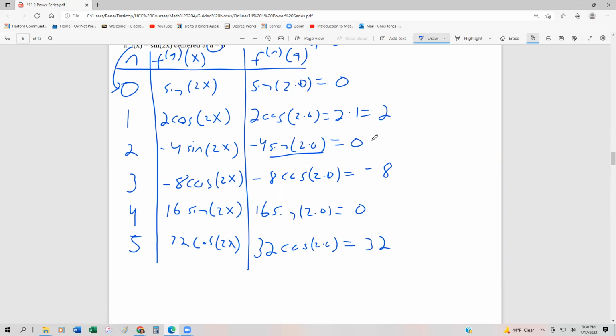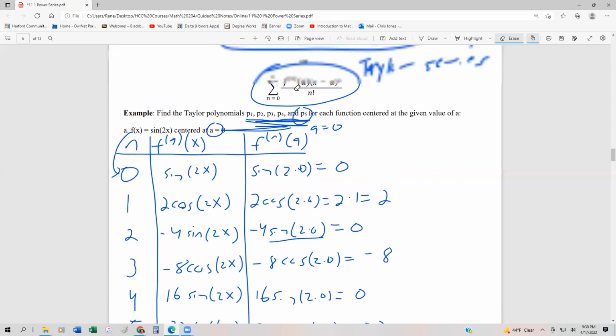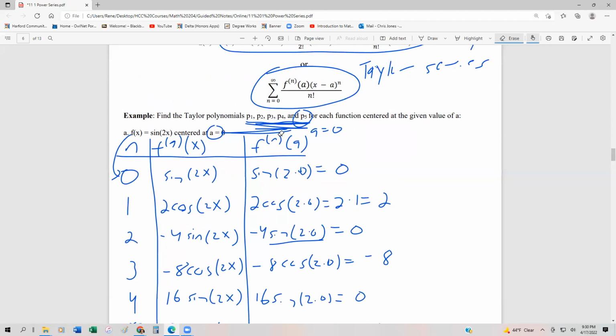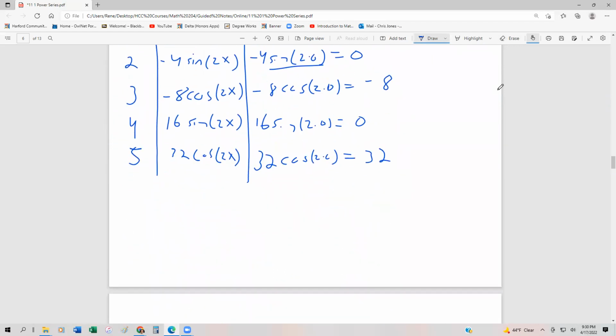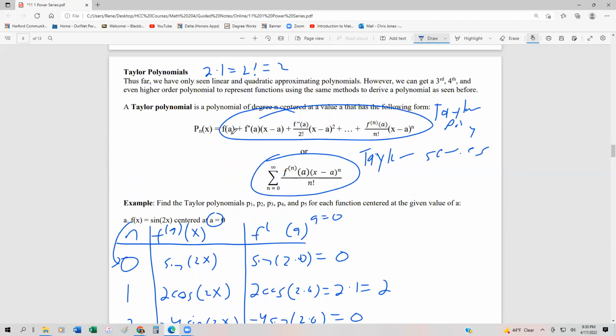All right, so now we can go ahead and find the various polynomials for this. Remember, we're going to use this formula. I'm going to write them out since it's the first time we've seen this. So P sub 1 of x, if we're looking at our formula, is just f at a plus f prime at a times x minus a.